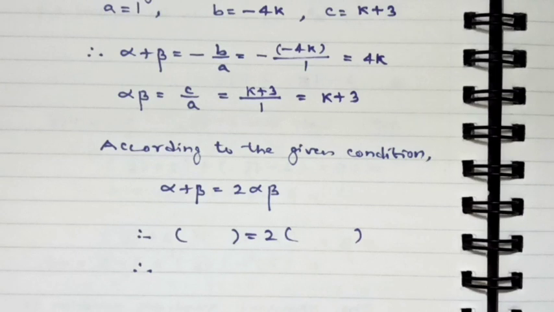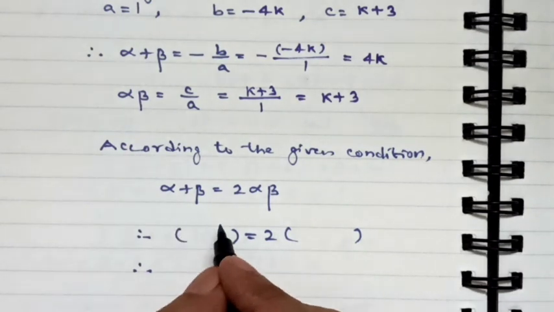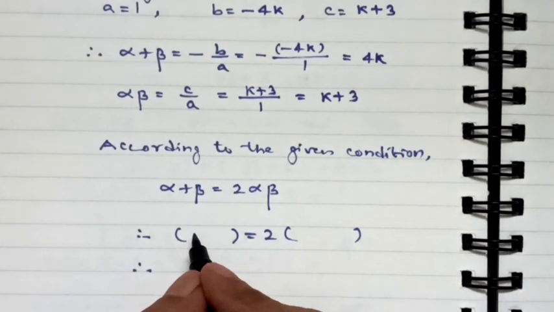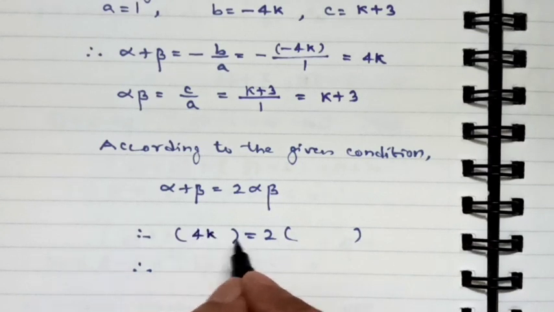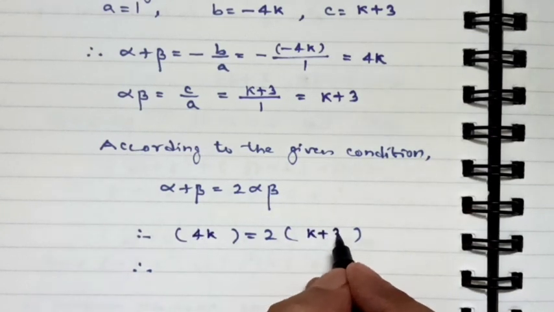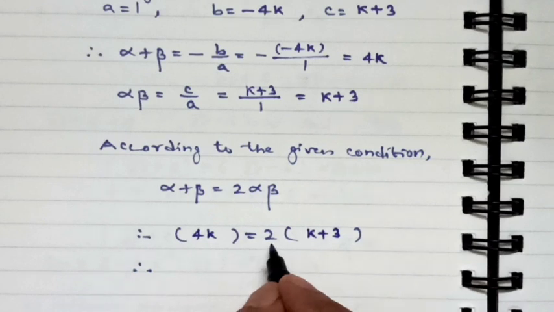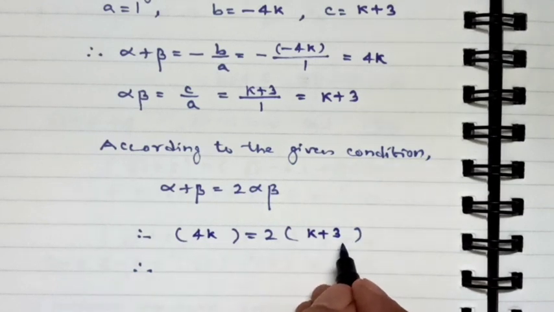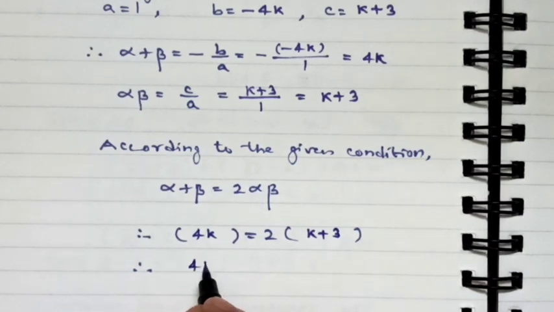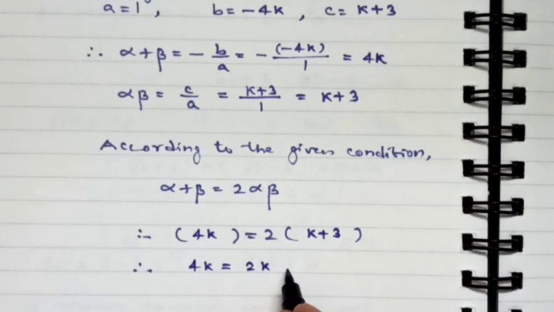According to the given condition, it is given that alpha plus beta is equal to 2 alpha into beta. Now put the values. Alpha plus beta is equal to 4k, alpha into beta is k plus 3. So 4k is equal to 2 into k plus 3. Simplify. 4k is equal to 2k plus 6.